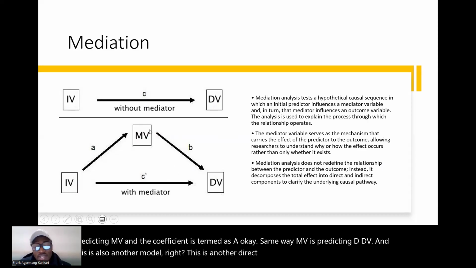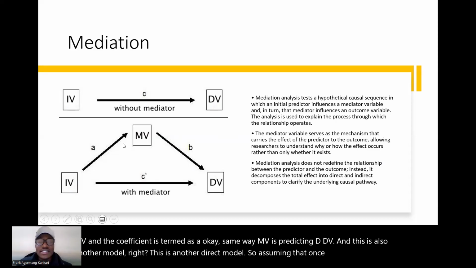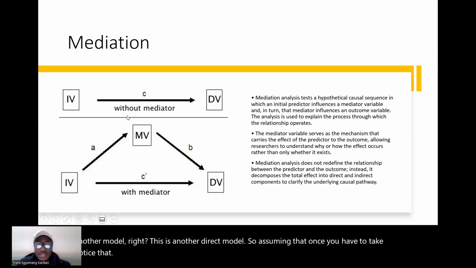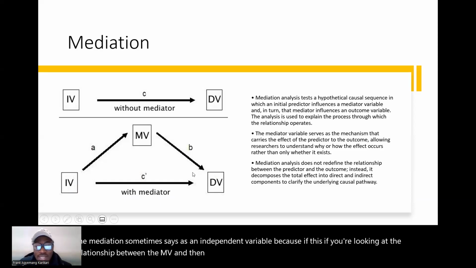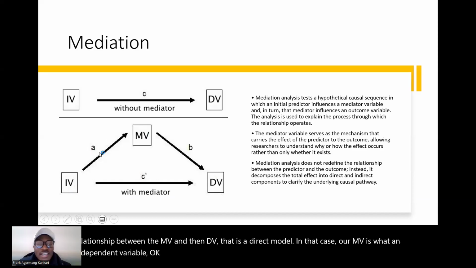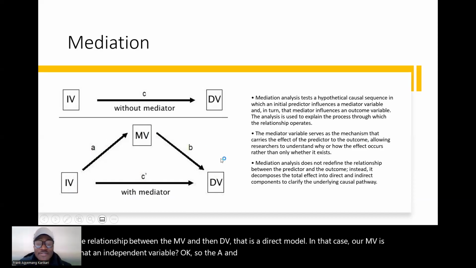One thing you have to take note of is that the mediator sometimes serves as an independent variable, because if you're looking at the relationship between the MV and the DV, that is a direct model. In that case, our MV is the independent variable. So the A and the B here are all direct effects.